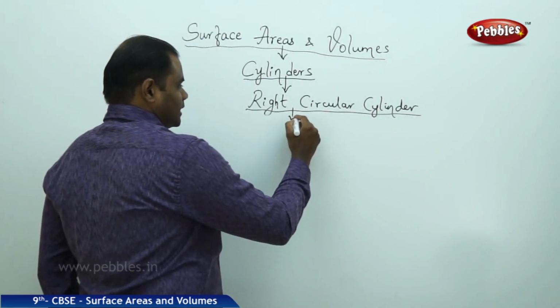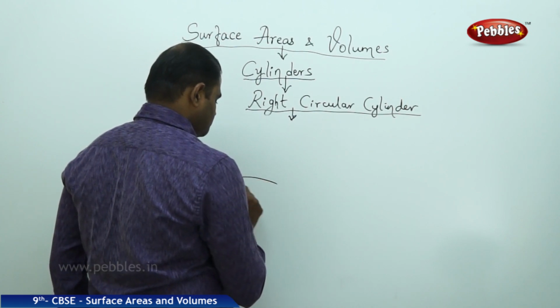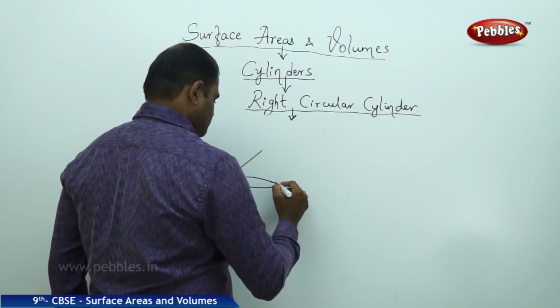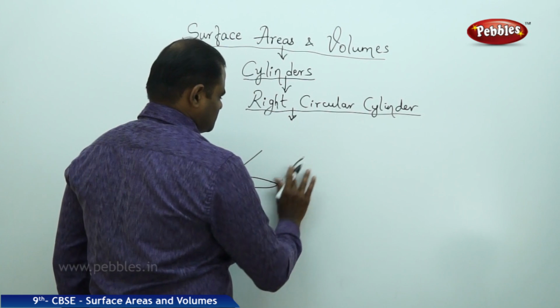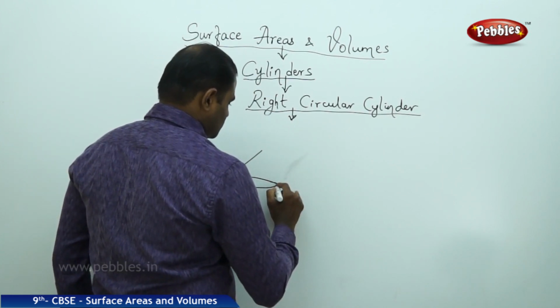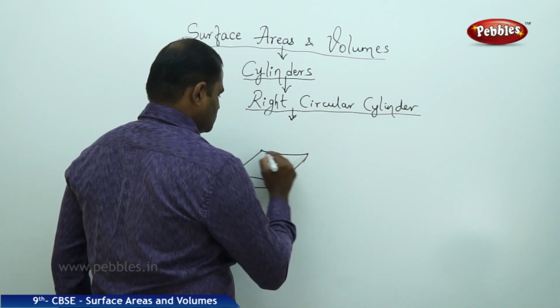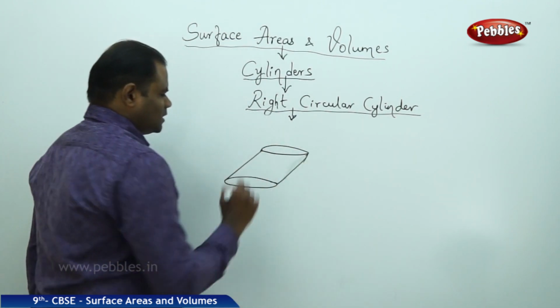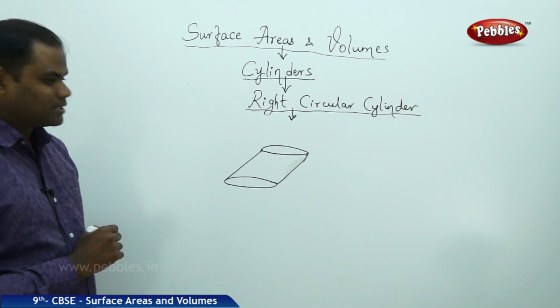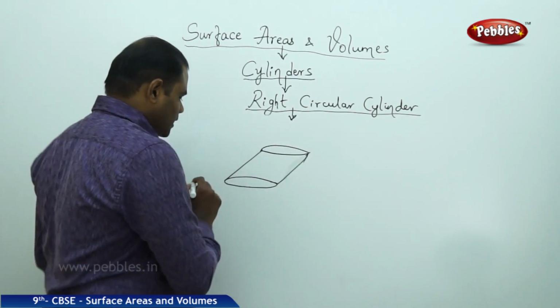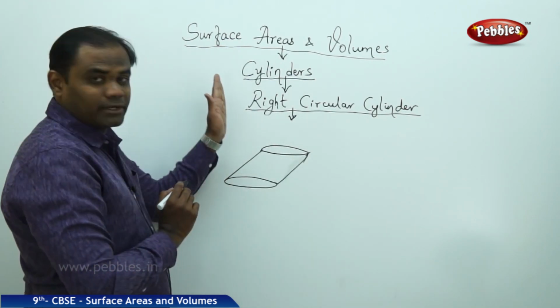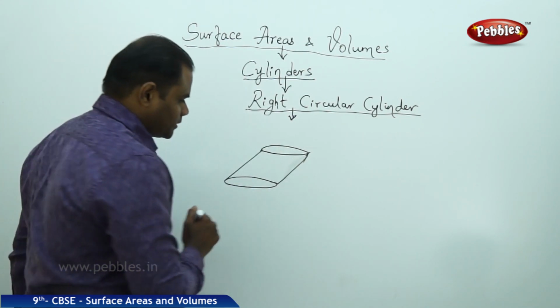For example, I take a cylinder which is crooked. It is crooked here, and this kind of cylinder cannot be right circular because the angle between the ground and the height at which the cylinder rises is not 90 degrees.